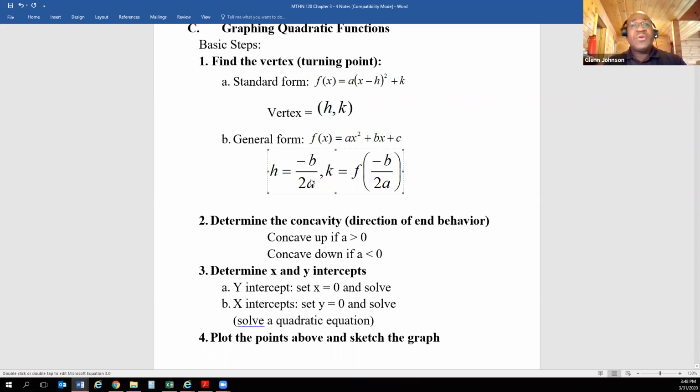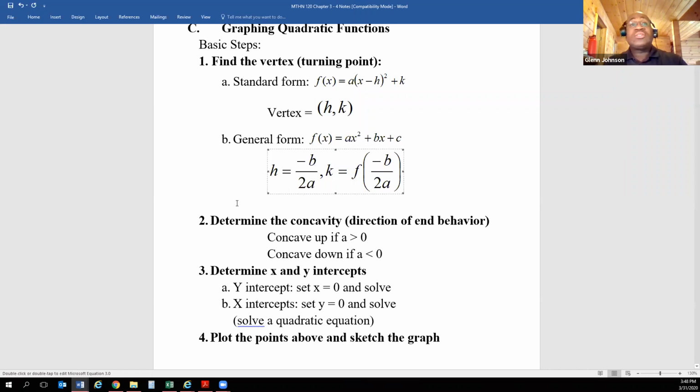So h is negative b over 2a. k will be f of negative b over 2a. So in other words, once you find out what the x coordinate is, you can determine the y coordinate of the vertex by simply plugging it into the function and then determining that value. Now, we're going to do a couple of examples later on to show how these steps play out. All right, and we'll see how that works.